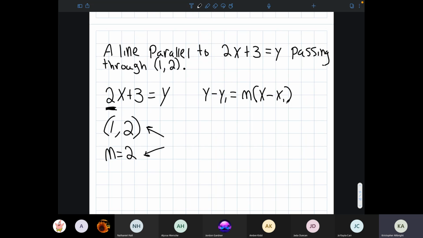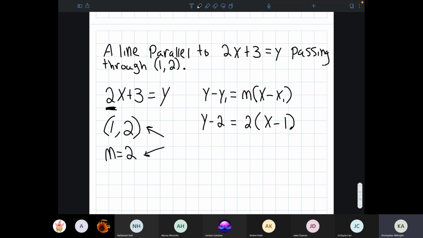So when we do that, we do y minus 2 equals 2 times x minus 1. Now to get it in slope intercept form, we're going to try to get y by itself.